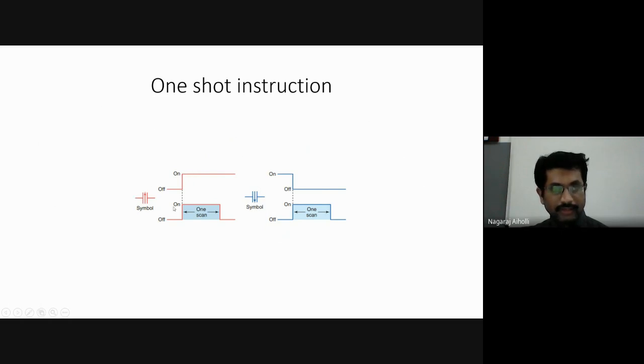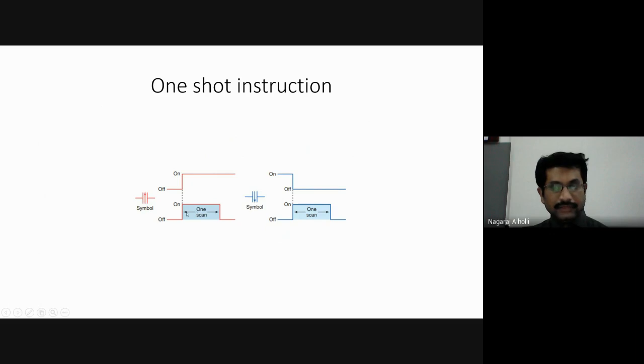When the input triggering signal goes from off to on, the ladder rung goes from off to on, then the one shot instruction will become true as the rung is energized, and it will remain on for only one program scan time. After that, it becomes off.